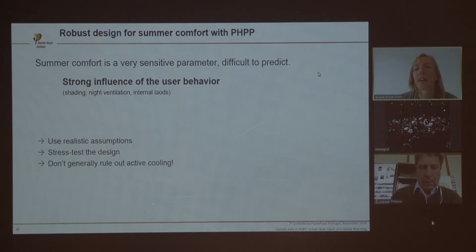We don't know exactly how they're going to use the shading or the night ventilation or what the internal loads are going to be. So what I want you to take away from this also is to make sure that in your modeling you use realistic assumptions and you stress test the design. So see what happens if people maybe use less night ventilation. Is there a high risk of summer comfort, or can you be sure that a building will still perform well?